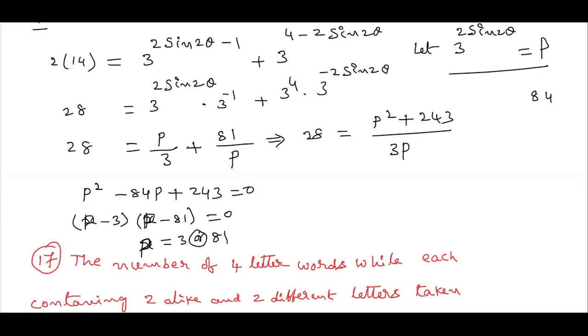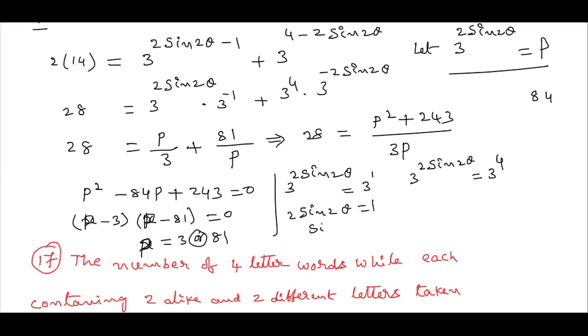What do we have to take? p means 3 power 2 sine 2 theta. That is equal to 3, that is 3 power 1, so 2 sine 2 theta is 1, and sine 2 theta is equal to 1 by 2.